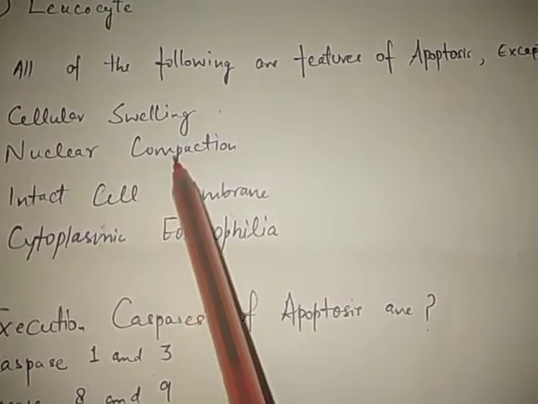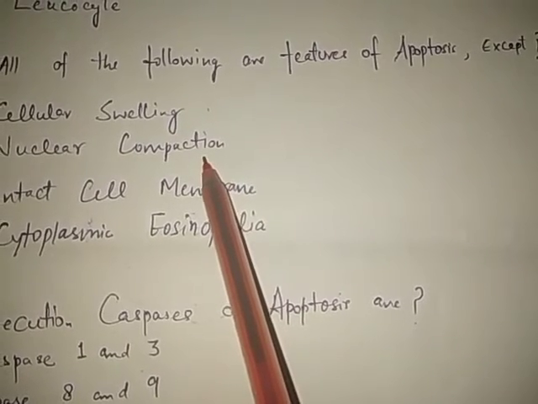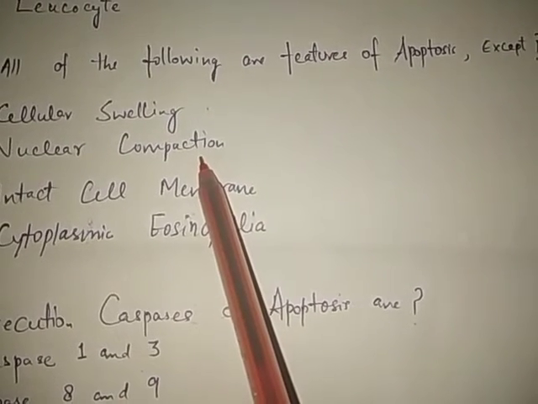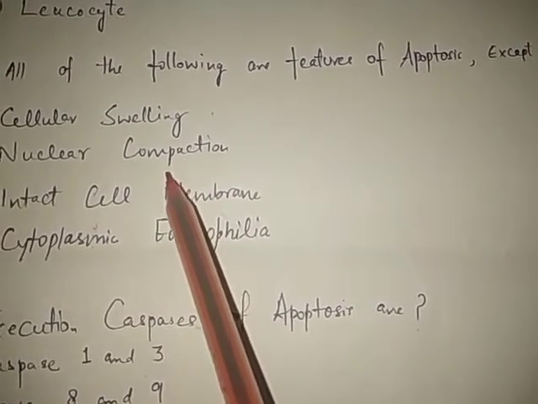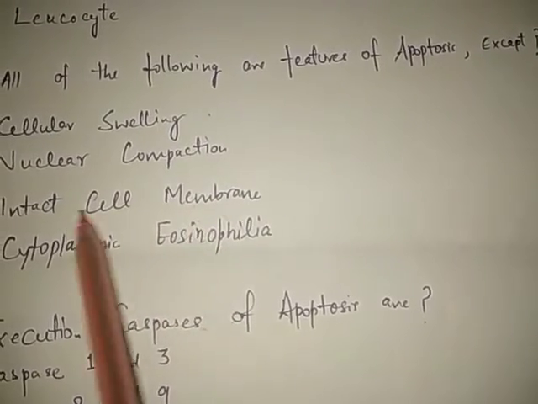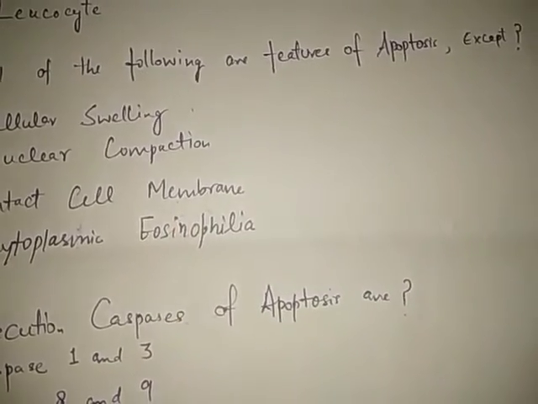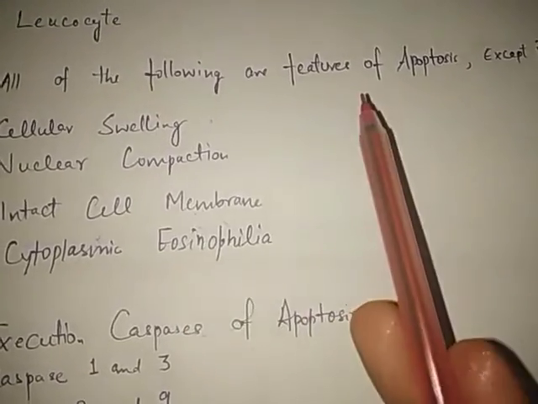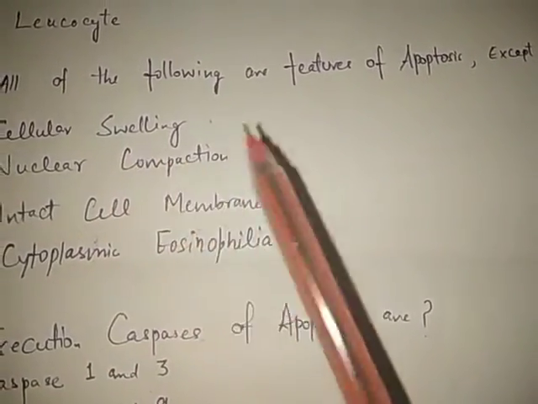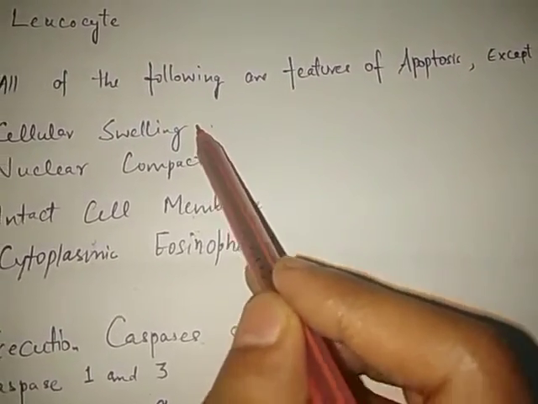Nuclear condensation or compaction, also called pyknosis, can be seen by staining with hematoxylin, Feulgen or acridine orange. Intact cell membrane is a feature, and in fact it distinguishes apoptosis from necrosis. Cytoplasmic eosinophilia we can see in apoptosis, and also in necrosis. So the right answer here is cellular swelling. Cellular swelling is seen in necrosis but not in apoptosis.